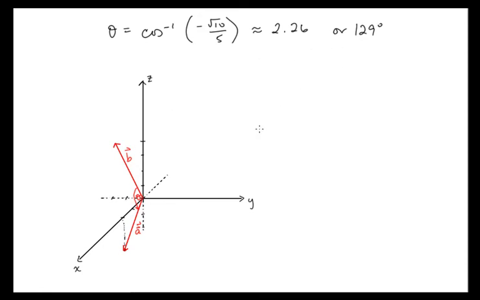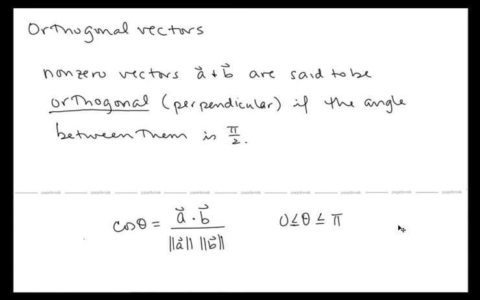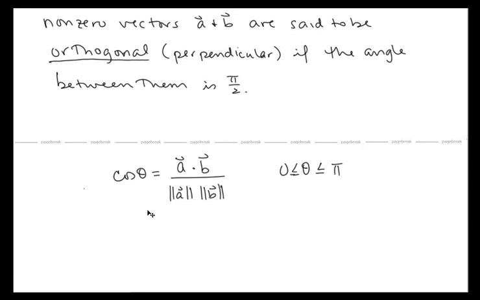Now we're going to talk about orthogonal vectors. Non-zero vectors A and B are said to be orthogonal or perpendicular if the angle between them is pi over 2. Now we know that cosine theta is equal to A dot B divided by length of A times length of B, and we know that this theta is between 0 and pi. So if A and B are orthogonal, then what information do we get from this equation?